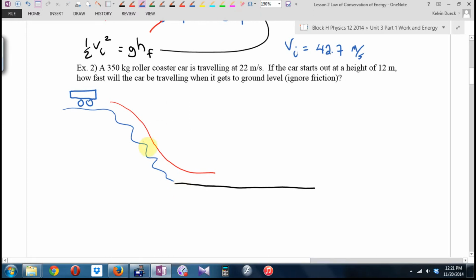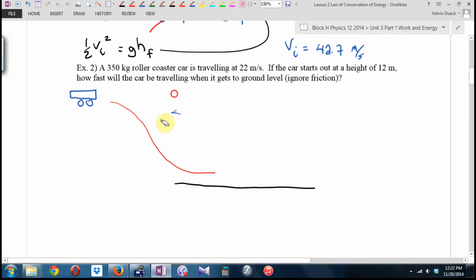I'd be going a little faster right here, but I'd lose whatever speed I gained to get back to here, so I'd still get the same answer. Or I would get the same answer if my curvy path did this and then came back down, because I'd lose some speed, but I'd gain it back getting here.